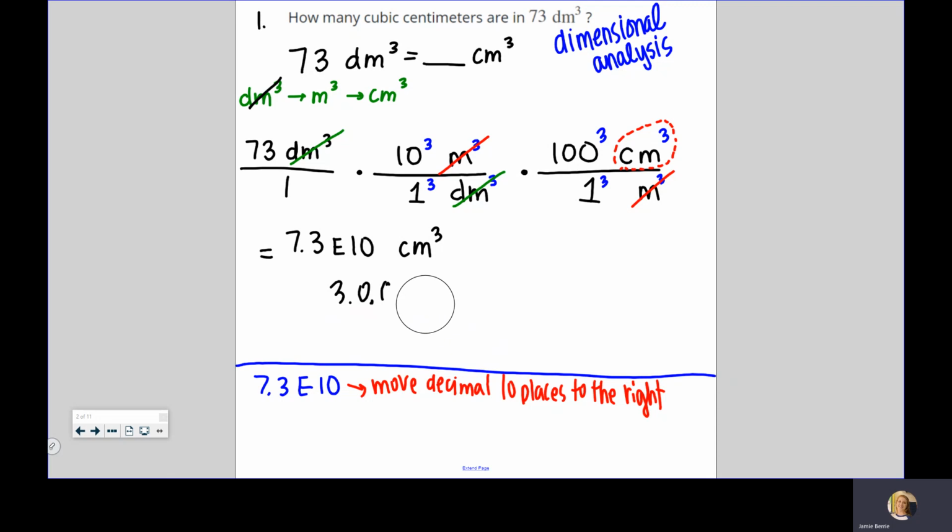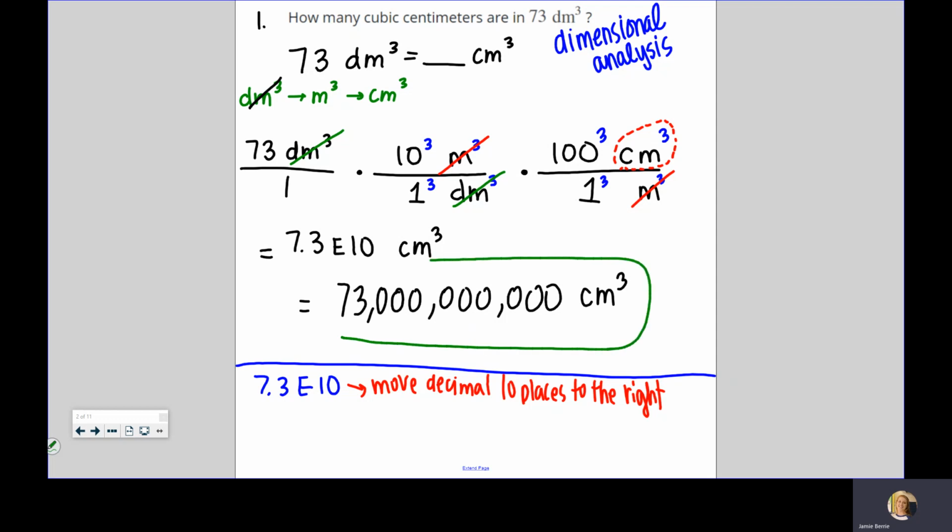So it's 73 with 9 zeros. Put in your centimeters cubed or cubic centimeters. That's 73 billion cubic centimeters.